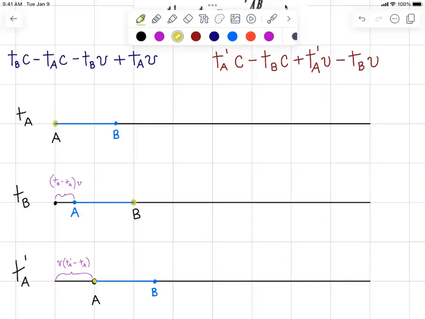Now let's try to understand the terms involving the speed of light. In particular, when the light travels from point A to point B, how far does the light actually travel? Well, it travels along this line here and also this extra distance as well.